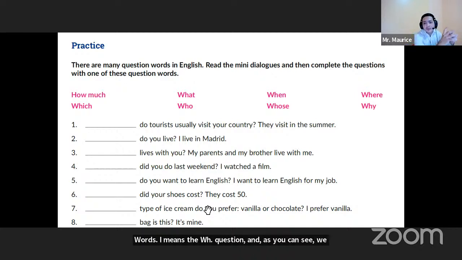Tenemos de hecho 3 nuevas WH questions, ¿ok? Necesito que me las identifique y ya vamos a trabajar con las nuevas 3 WH questions, okay? So, 8 questions, 8 sentences or 8 exercises. I want you to look up the pin words and match them up, okay? For this activity, you will have 5 minutes. Complete it, please.